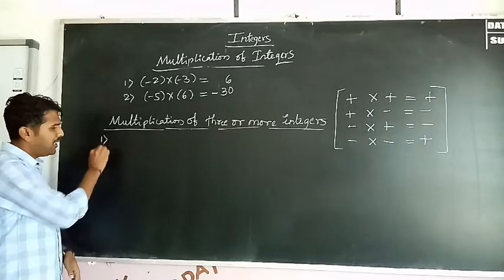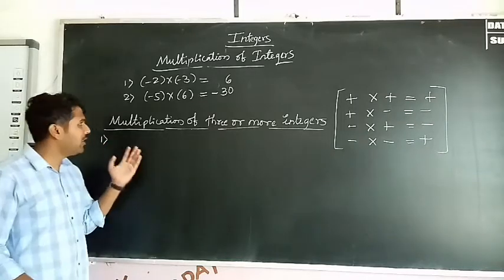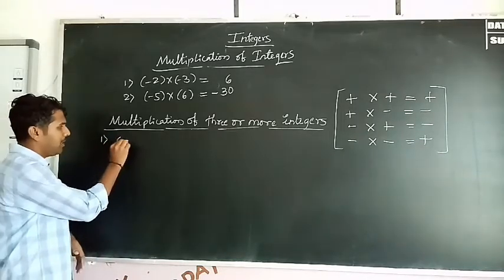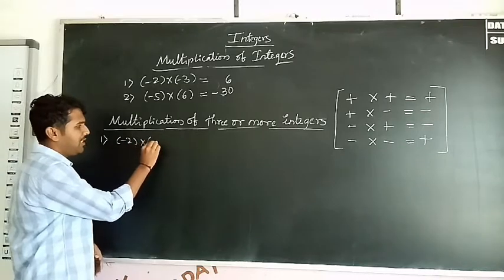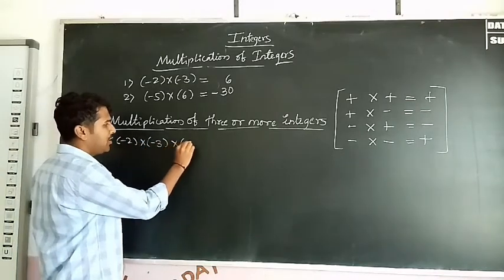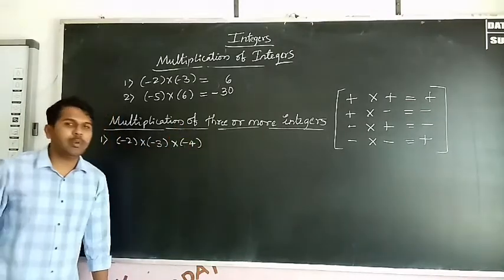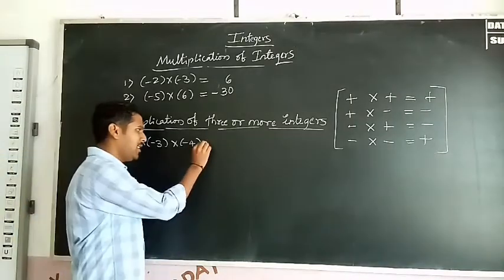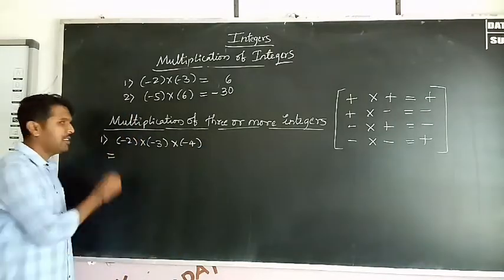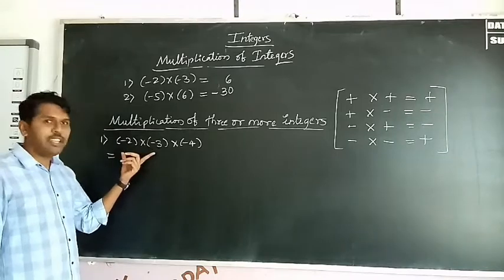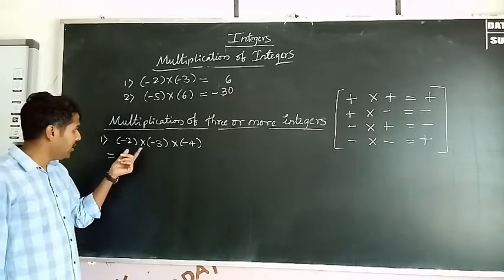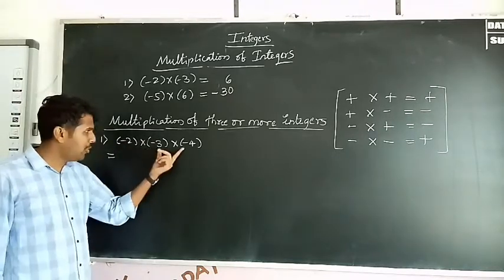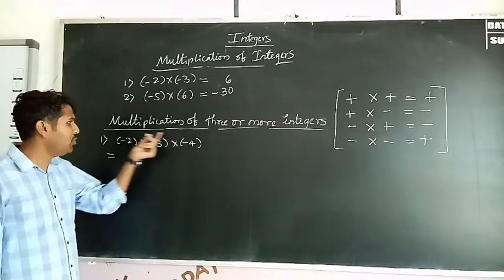Take an example, then only you will understand the concept: minus 2 into minus 3 into minus 4. How to multiply this one? First you should multiply the numbers. Take any 2 numbers: minus 2 and minus 3, or minus 3 and minus 4, or minus 2 and minus 4.